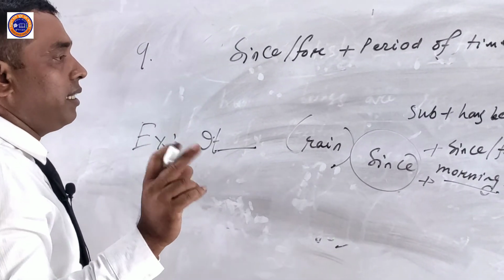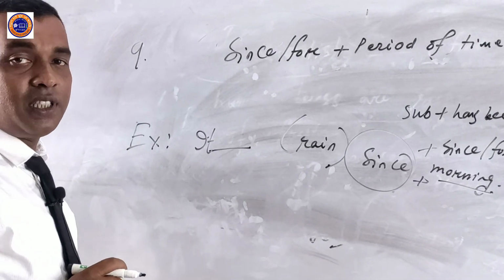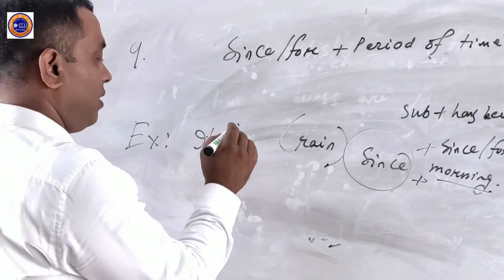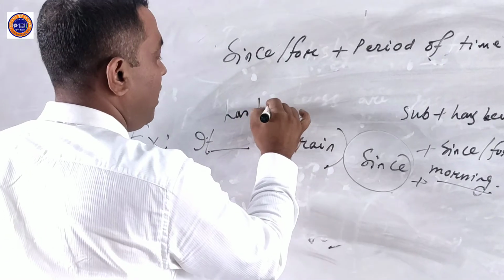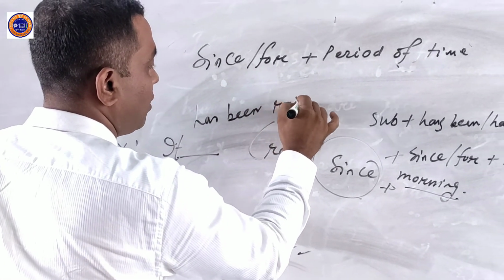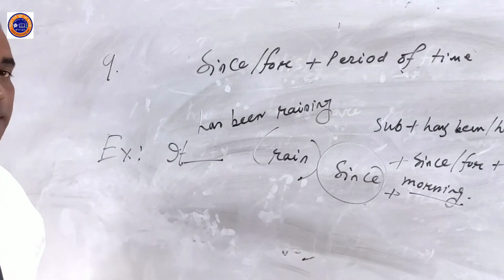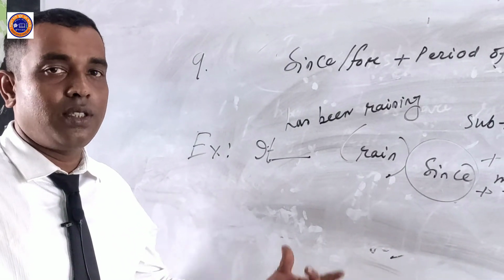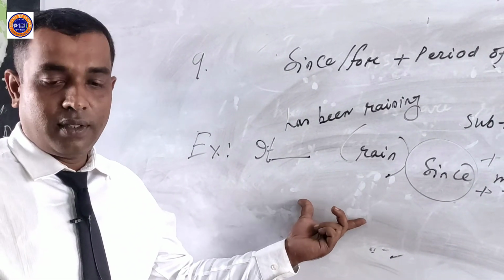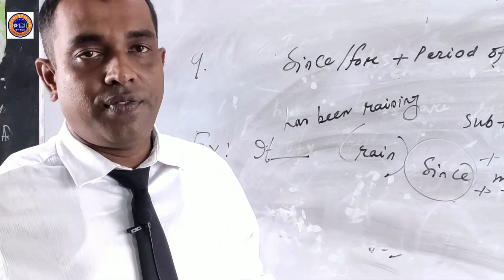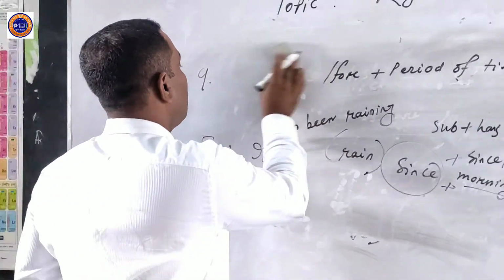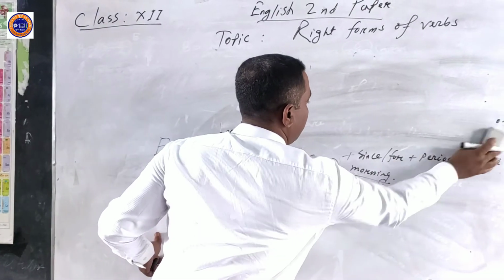So you must understand that this sentence will be present perfect continuous tense. It has been raining since morning. I think you have understood this. I am going to explain rule number 10.